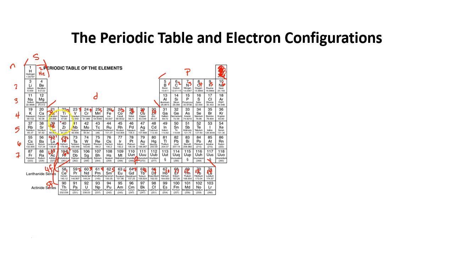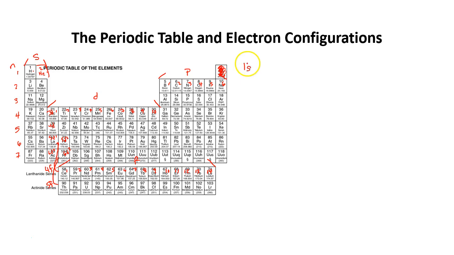All right, so let's start with the easy one. We'll do helium first. So if I said do the electron configuration for helium, well, helium is in the first energy level and it's in the s atomic orbital, so I'll write 1s and just count the number of electrons it has. 1, 2.